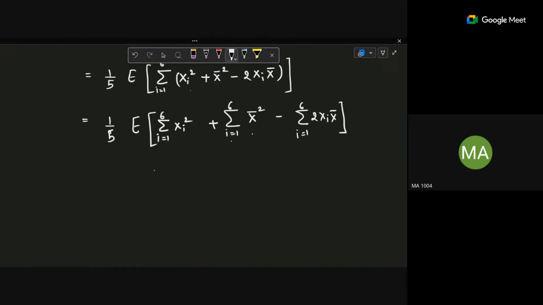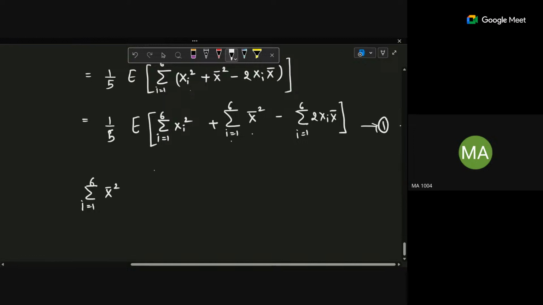Let's give it as equation number 1, okay? So I have one term, summation i is equal to 1 to 6 of x bar square. Any idea for this? X bar will be a constant term, right? It's a sample mean.